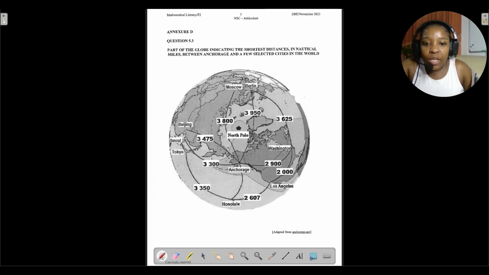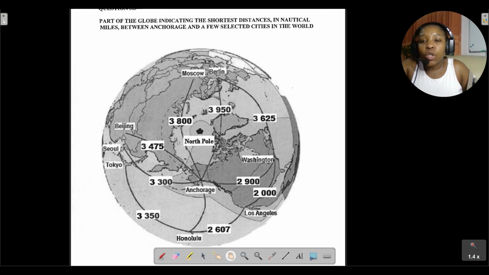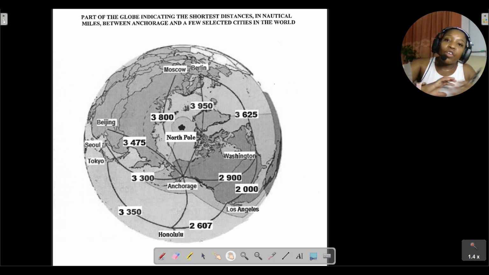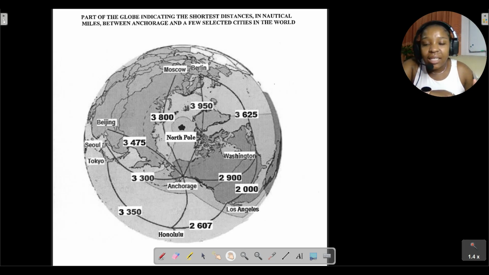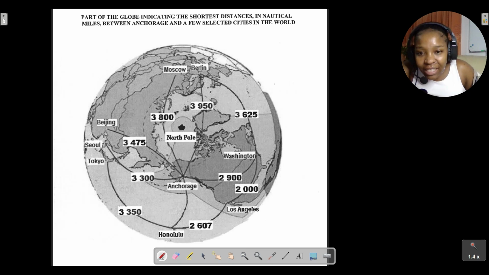So let's have a look at what is happening here on Annexure D. This is the part of the globe indicating the shortest distances in nautical miles between Anchorage and a few selected cities in the world. Let's try to understand what's happening here. What is the shortest distance between Tokyo and Honolulu? It's that value.